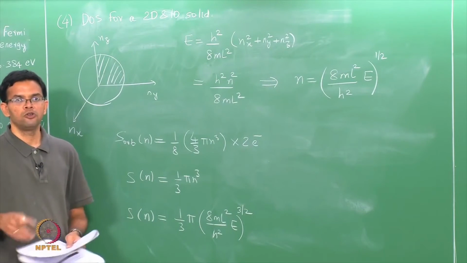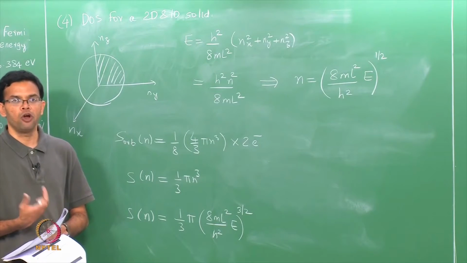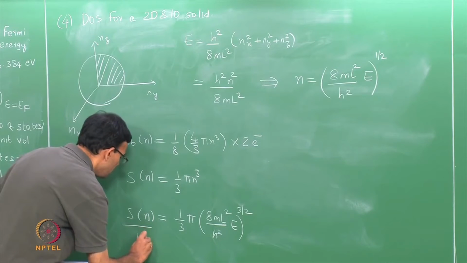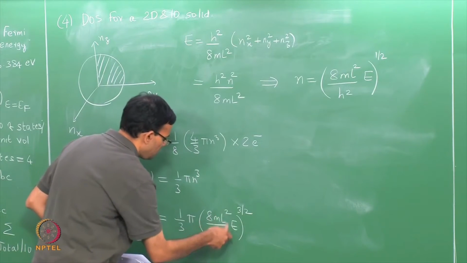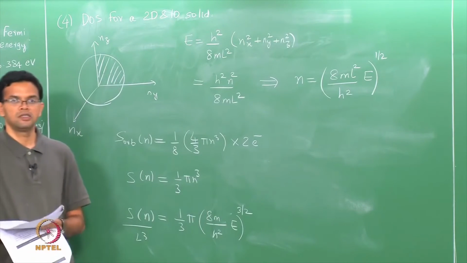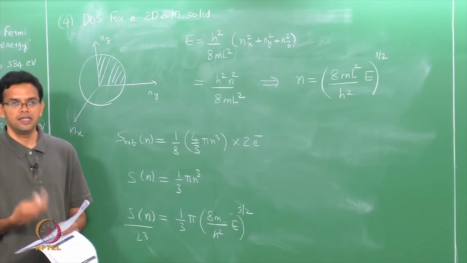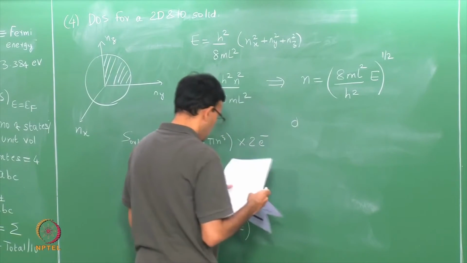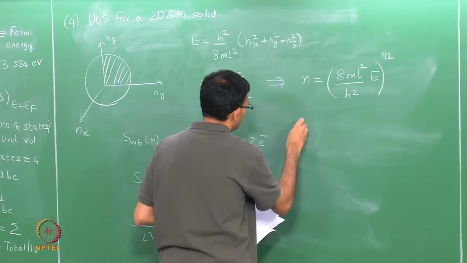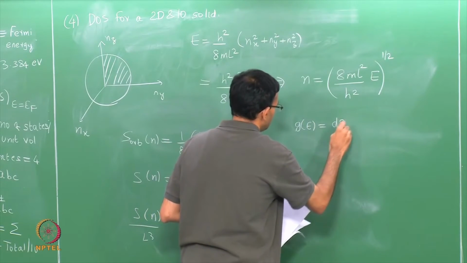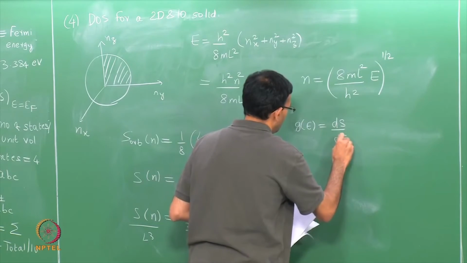If you want to know the total number of states per unit volume, you divide this by L cube, which will essentially cancel this expression L square. So, you are left with this. If you want to find the density of states, then the density of states G of E is nothing but dS over dE.